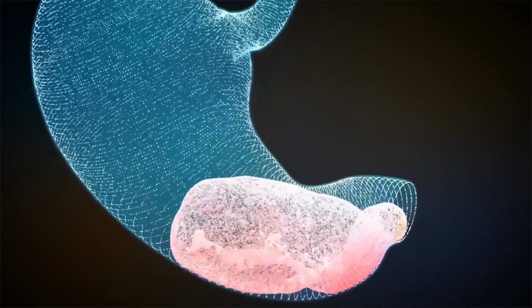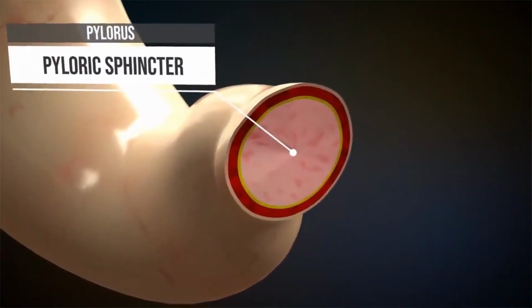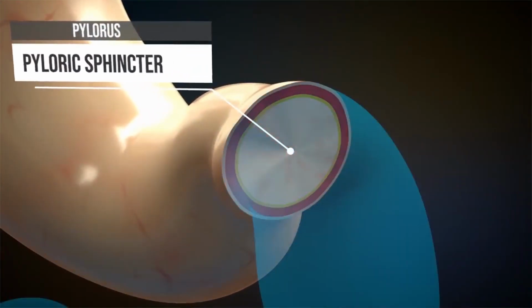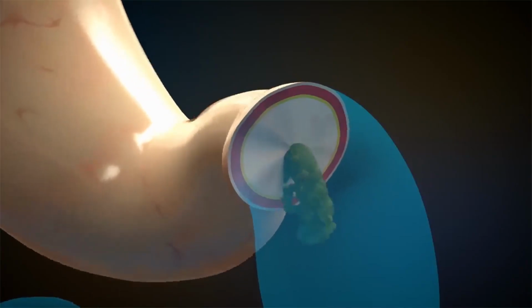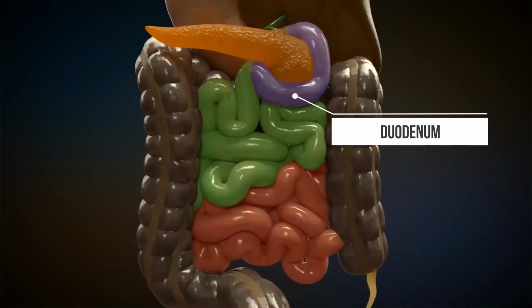Chyme is now let out to the duodenum through the pyloric sphincter, which only allows small quantities of chyme to pass through at a time. Now, the duodenum is the first part of the small intestine where most of the digestion takes place.